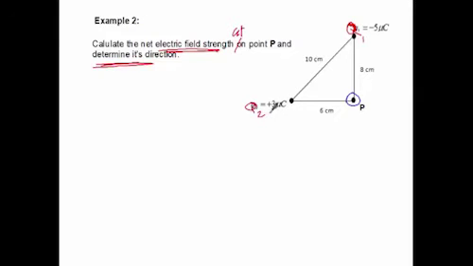This is positive, so lines are going outside. So this will be the direction for E2. This is our negative Q1, so the lines are directed toward the charge.